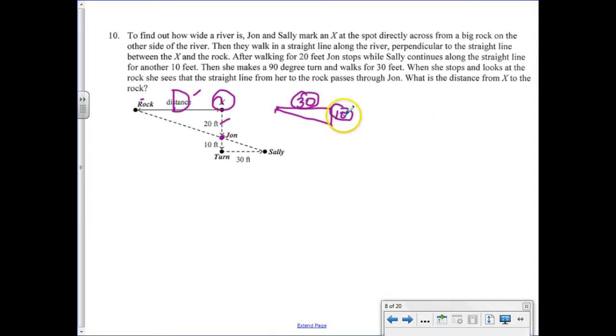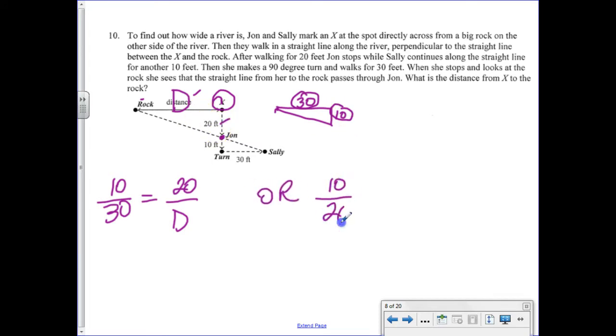If you want to say, for example, 10 is to 30, then you would match that up with 20 over D. Or if you want to say, hey, this short leg, the 10, matches up with the 20, as 30 matches up with D, that distance.